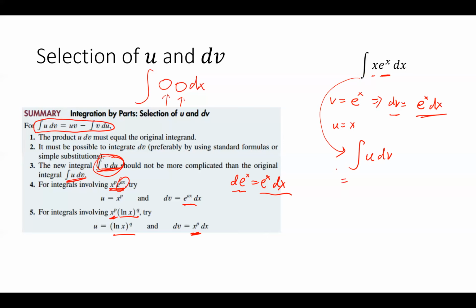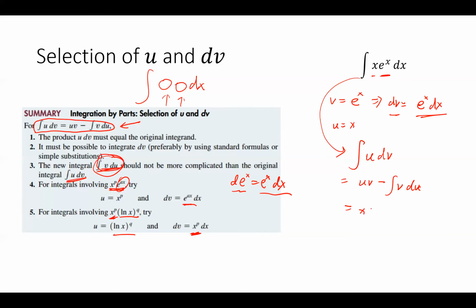Okay, so now this is where we use the integration by parts formula, so that we have uv minus the integral of v du. Just write properly v du. On this step, we can now safely plug in.